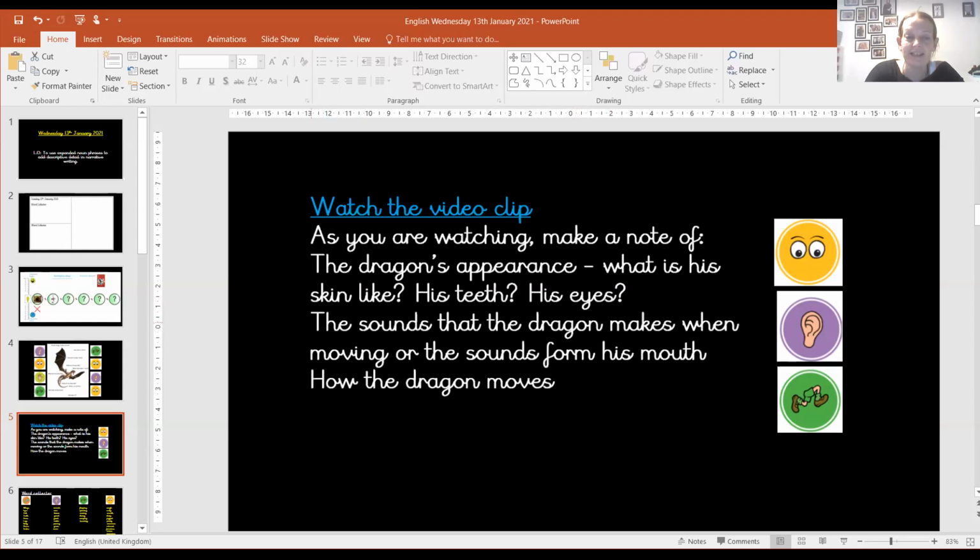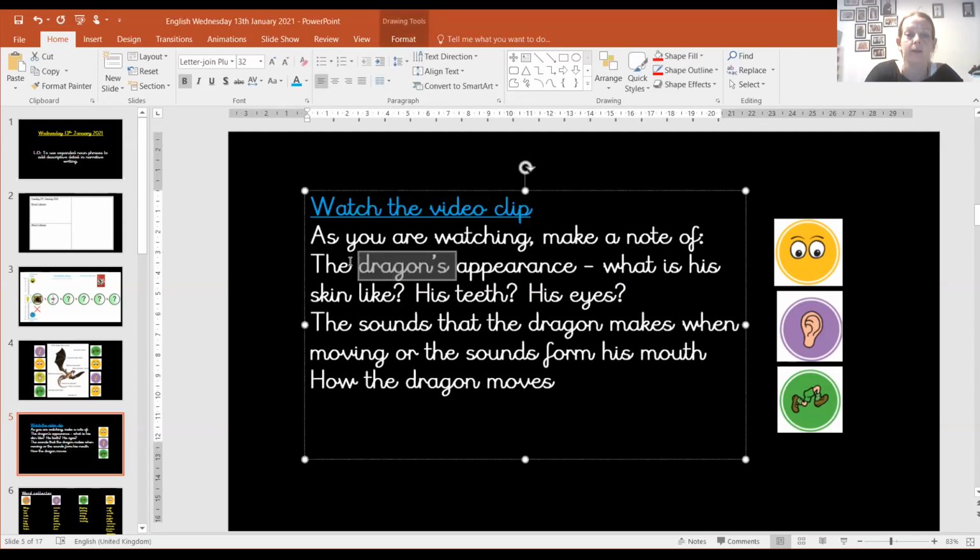And have a listen for the sounds that the dragon makes when he's moving, or what sound he makes from his mouth. How he moves. So, is he fast, slow? Does he creep? Have all of these things in your mind when you are watching the video clip. And what I want you to do is just jot down any words that come to your mind just to do with the dragon. Okay, so just the dragon for now.